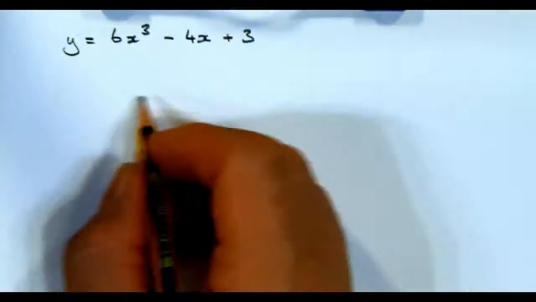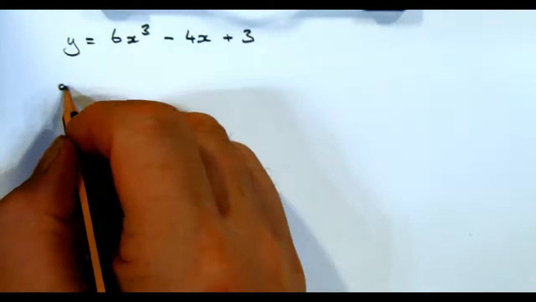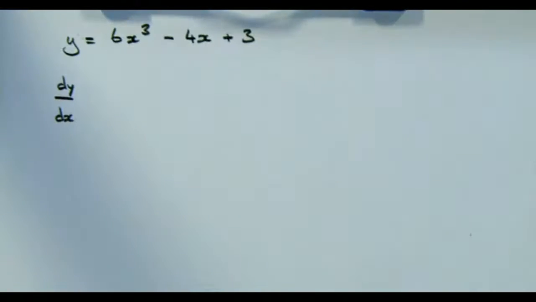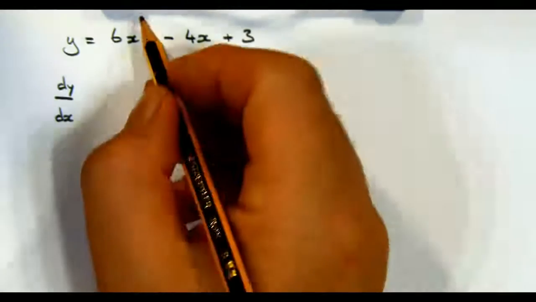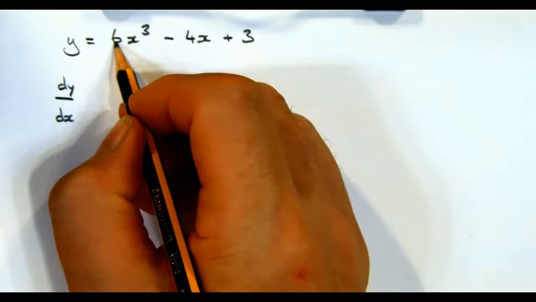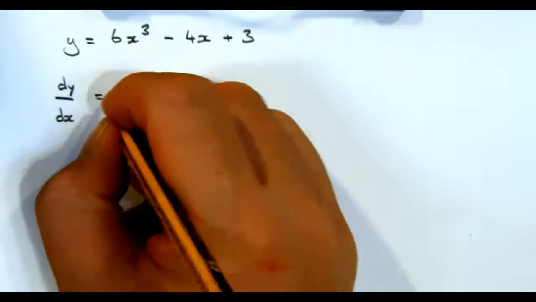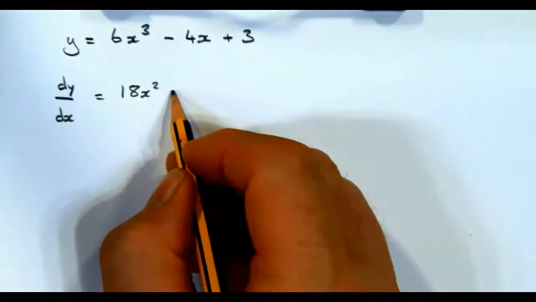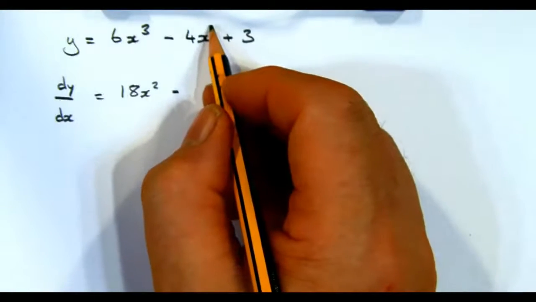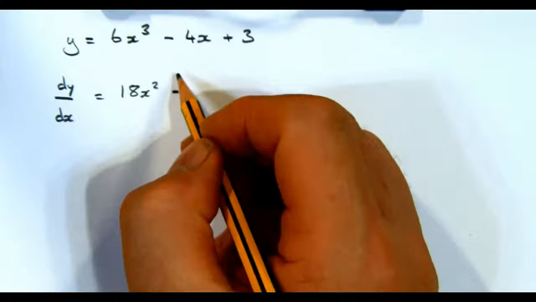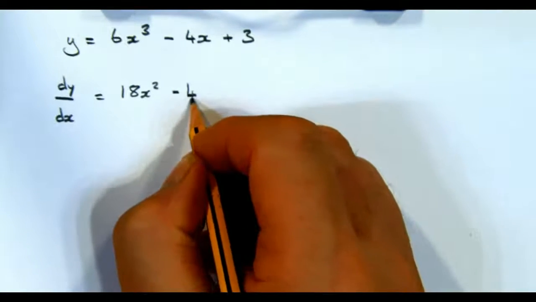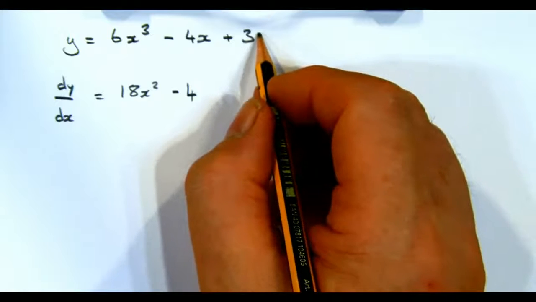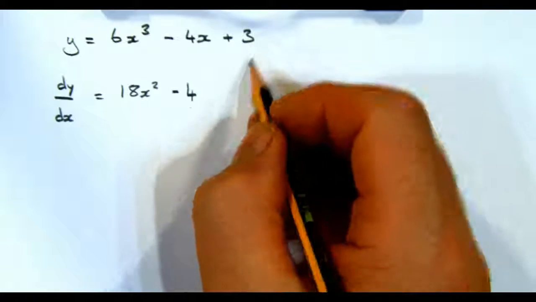And I want to find the gradient here, so we're going to work out dy by dx. 3 times 6 is 18, x squared, minus here, so this is 1, 4 is 4, and this one here has no value of x.